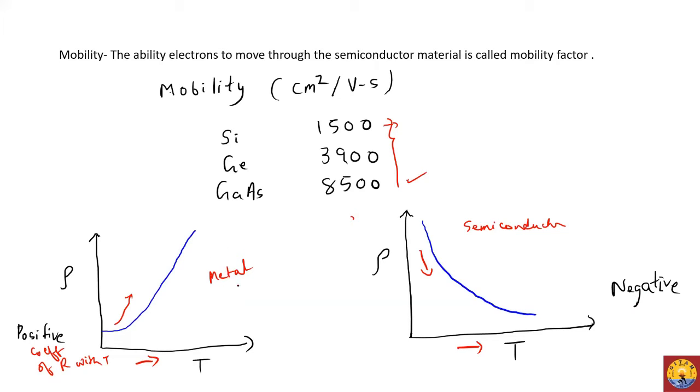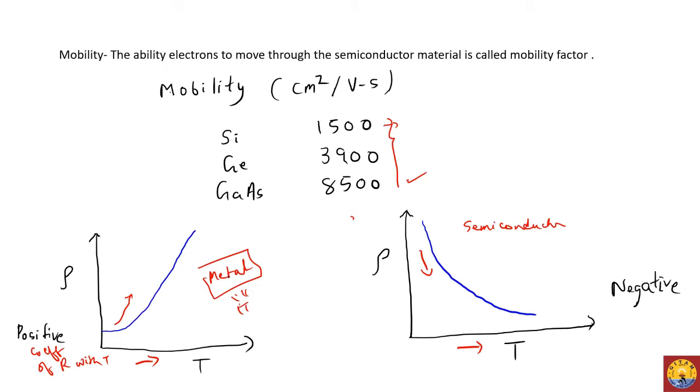Why do we have this type of behavior? When you heat a metal, its resistivity increases. Why does it happen? Anyone can tell me the answer? Why does the resistivity of a metal increase with temperature? The number of collisions increases, so there should be more resistance, right? That's the simple answer.